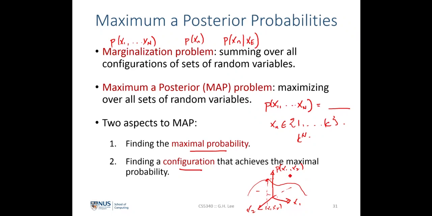There could also be a case where there are multiple peaks that correspond to the same maximal value of p of x1 and x2. In the maximal a posteriori problem, we are asking whether, first, we can find this maximal value, and second, we can find all the configurations that give rise to this particular maximal value over x1 and x2.